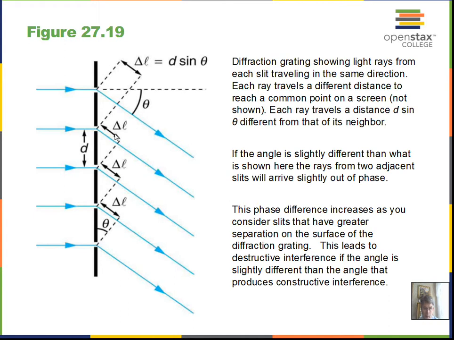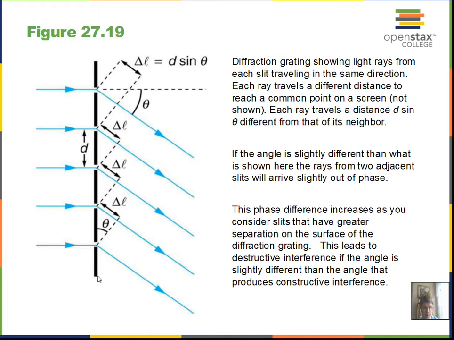And as we would progress down the slits, the light coming from slits far away would be out of phase with a ray up here, with the light coming from this slit. Consequently, we get destructive interference occurring for the light from, let's say, this slit and the light from 20 slits down the diffraction grating, just guessing at a number.